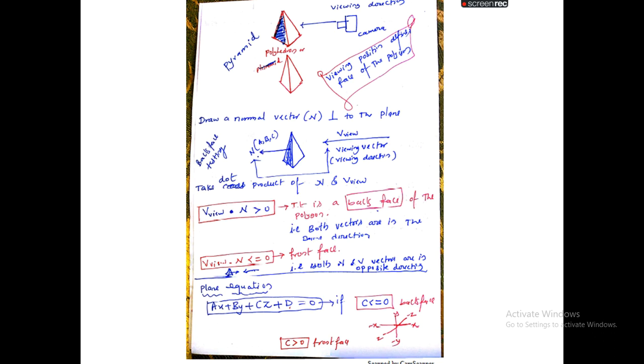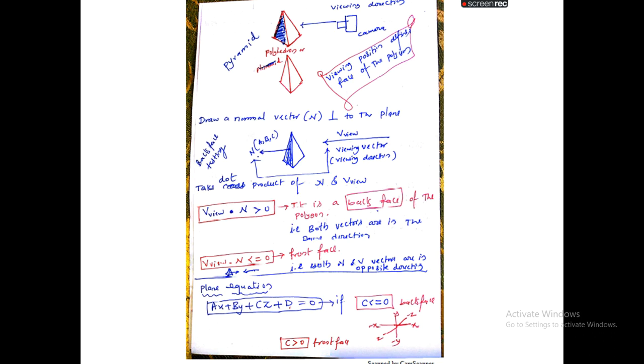When that normal vector is multiplied with the viewing vector, if the result is less than or equal to 0, you can conclude it is a front face of the polygon. If it is a front face of the polygon, display only that pixel information on the screen of the monitor. So this is about the backface detection algorithm.